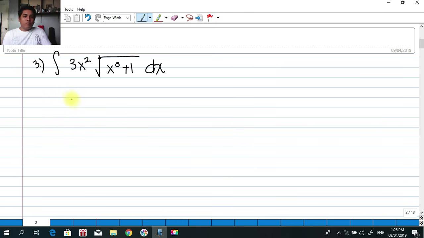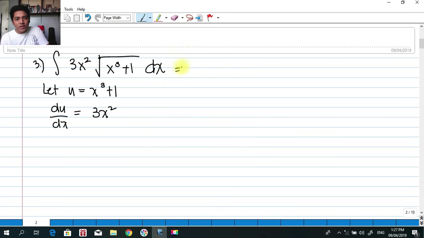Here we can see that if we let u equal x cubed + 1, then du/dx of u should be 3x squared, and that is basically given by this 3x squared times dx.